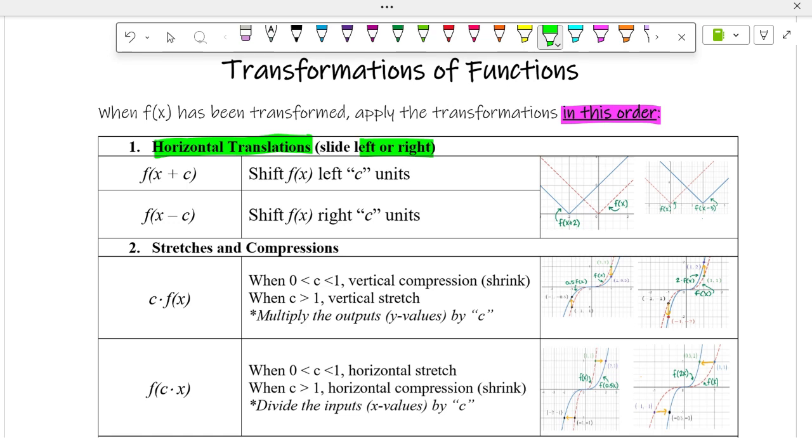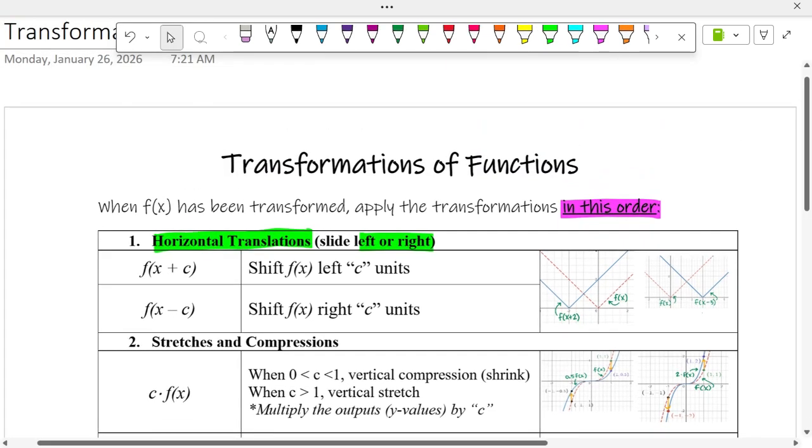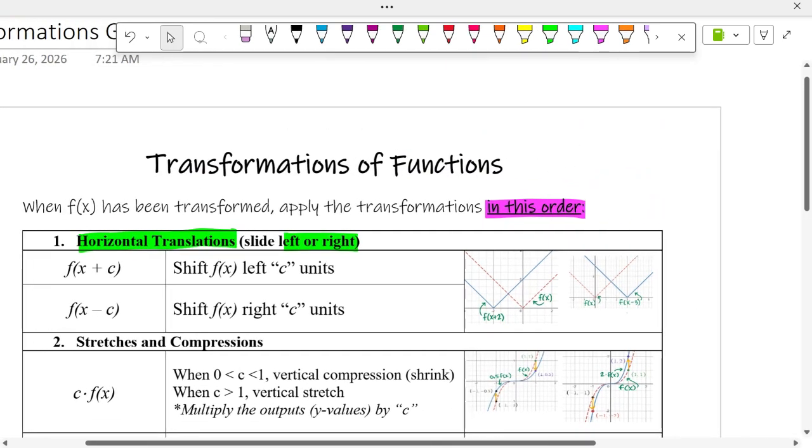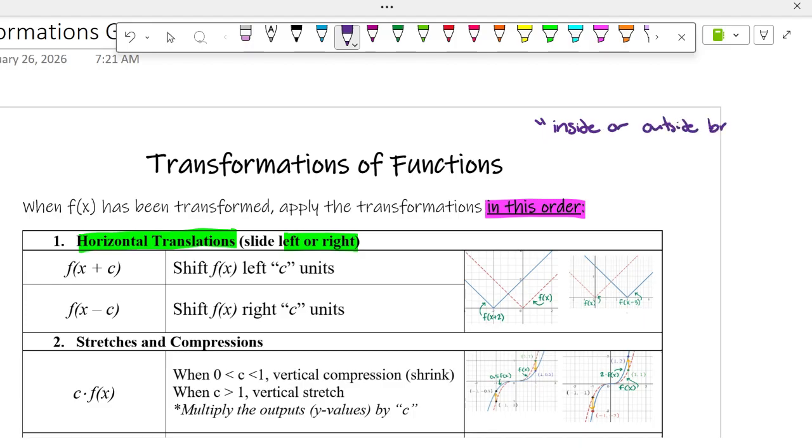So, first off, before we even get into it, some things that I want to clear up. You're going to be hearing me say this a lot with transformations: inside or outside brackets. All right?